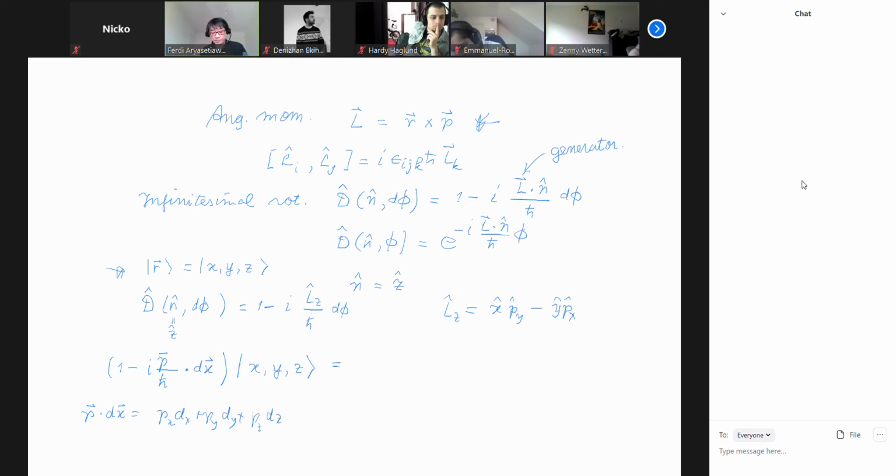So then we see that the px will shift the component of x by dx, and the component of y by dy, and the component of z by dz. So that's what we had before for the translation operator.